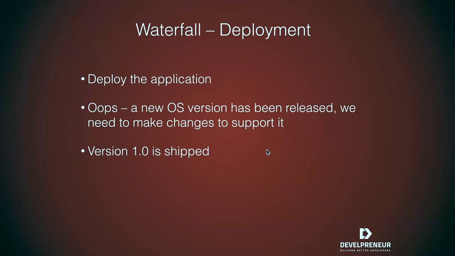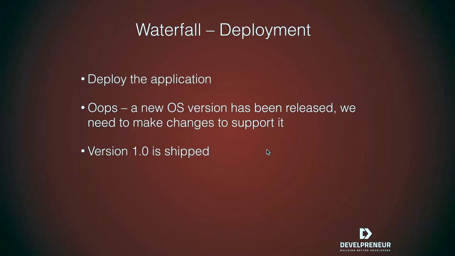This is another opportunity for a rather big oops. Let's say there was a new operating system version released since we started the requirements. It may be that the way we configured the application, it's not supported on this new operating system version.